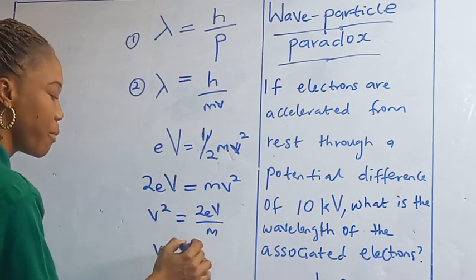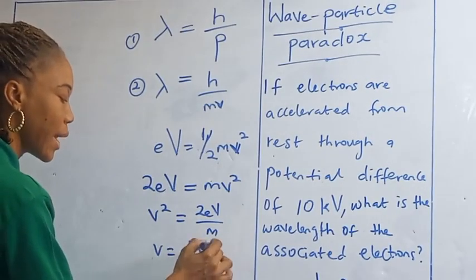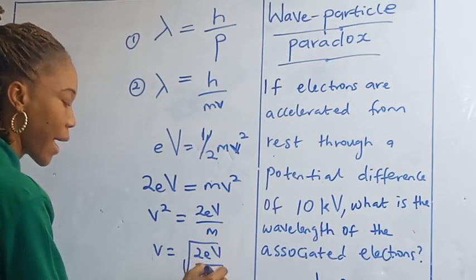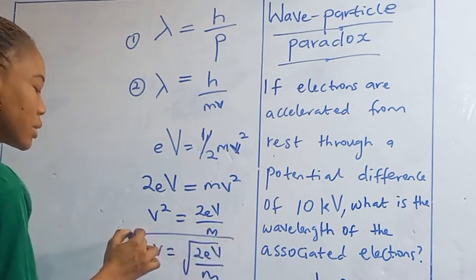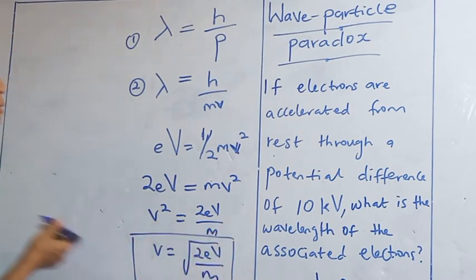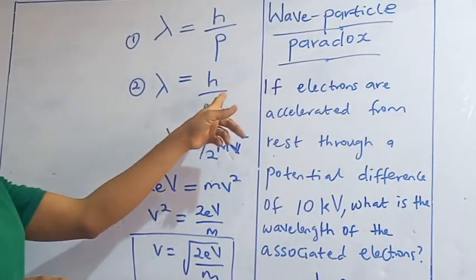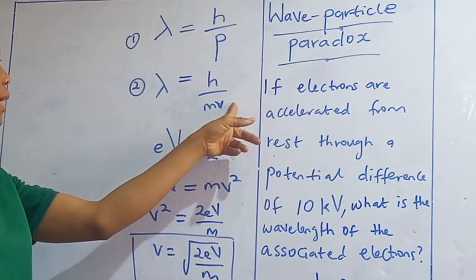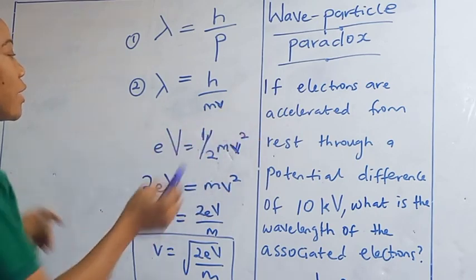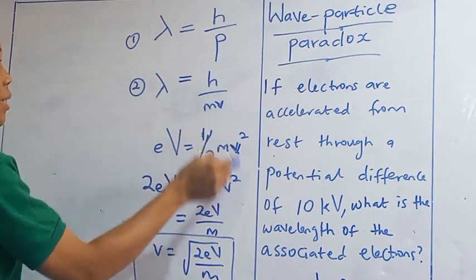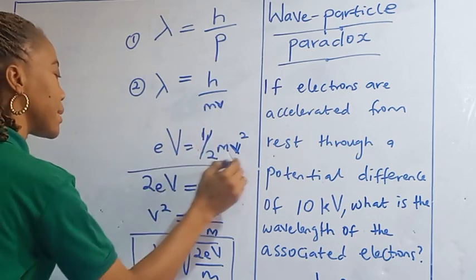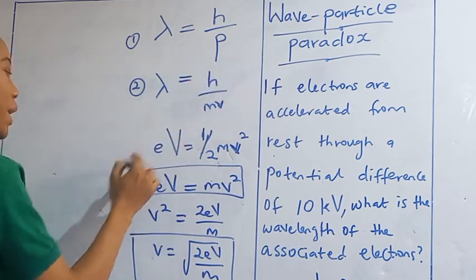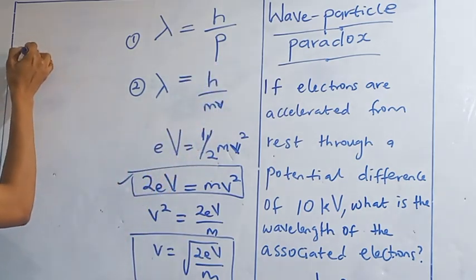So that v will be the square root of 2 electron volts over m. You see, we have gotten a formula for this velocity. We can decide to put it here. Let's put this part into this formula to get the number 3 formula.